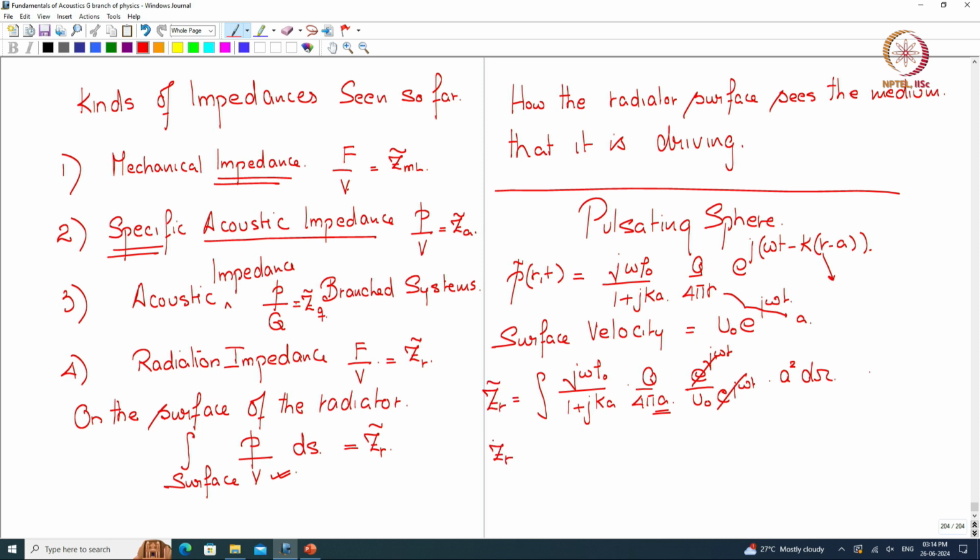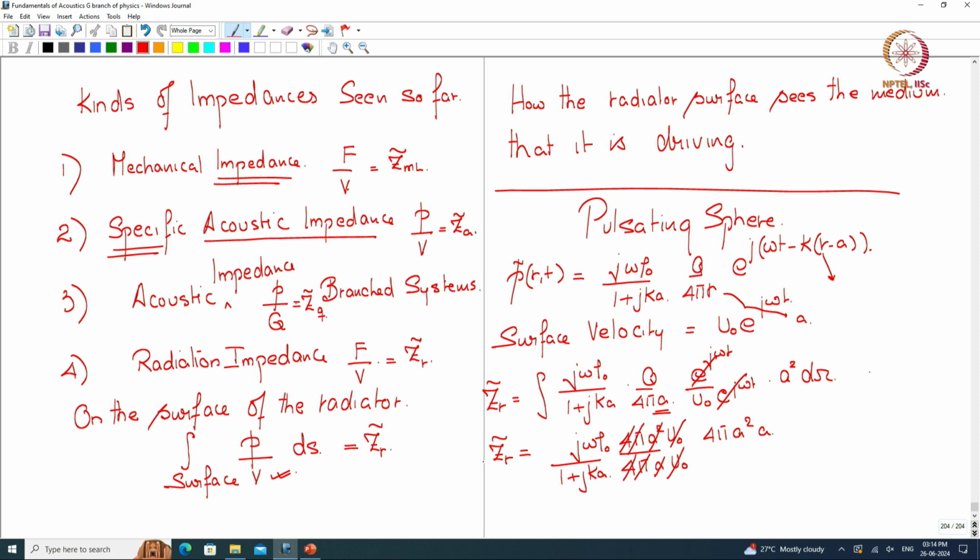Now the Zr looks like what? It looks like j omega rho 0, q is 4 pi a square u0, divided by 4 pi a u0 into 4 pi a square. If I do this, 4 pi goes, u0 goes, I get an extra a over here, and I forgot the 1 plus jka.